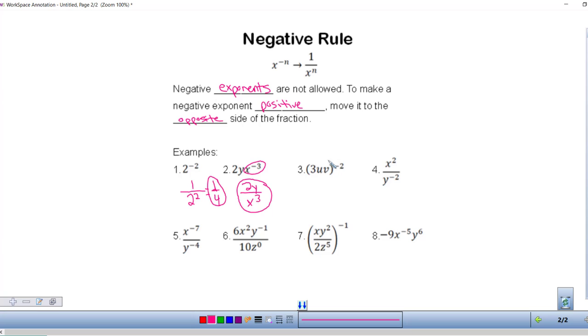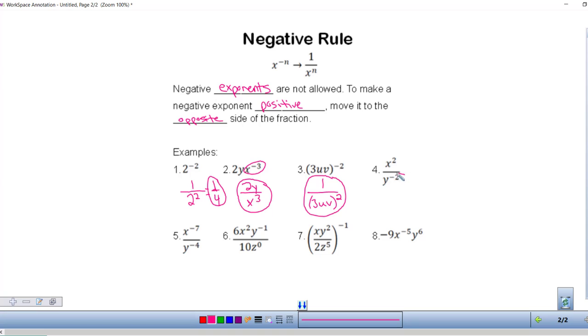Number 3, since there are parentheses, this entire thing has a negative exponent. So the whole thing, 3uv, needs to go to the bottom to have a positive 2. So put a 1 on top if we have an empty fraction. 1 over 3uv squared.